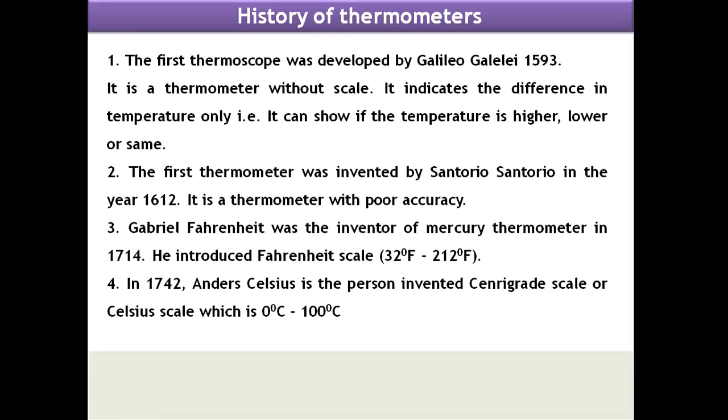Before starting these topics, we need to know about the invention of the thermometer. Hundreds of years ago, scientists realized that they could measure changes in temperature by using a primitive glass device filled with liquids that expanded when they are warm and contracted when they are cold.